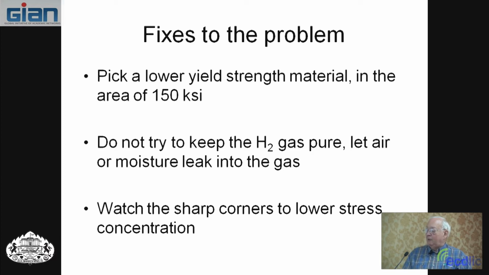When they ran this as a peaking unit with many more cycles than it was designed for, these sharp corners came into play and caused cracks to initiate. So cracks initiated in a high strength material with very pure hydrogen gas, just a bad situation that led to the failures. And when they put these fixes in, nothing more ever failed. So they had no more failures of this.